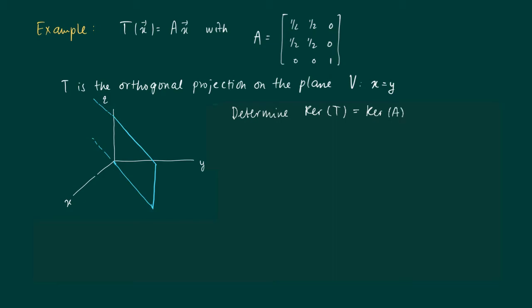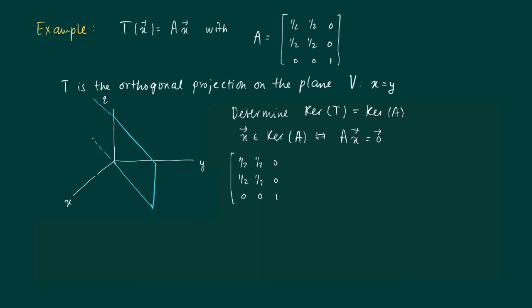Now we're going to determine the kernel of T, which is the same as the kernel of A. Well, what is its definition? x belongs to the kernel of A if and only if A times x equals 0. So if you want to determine the kernel of A, this amounts to solving the homogeneous equation Ax is 0.